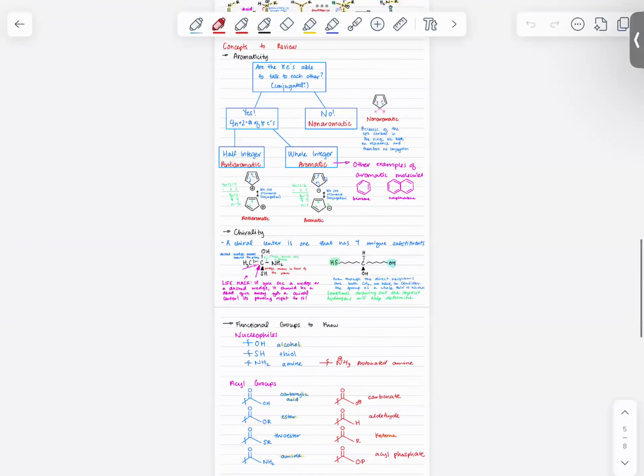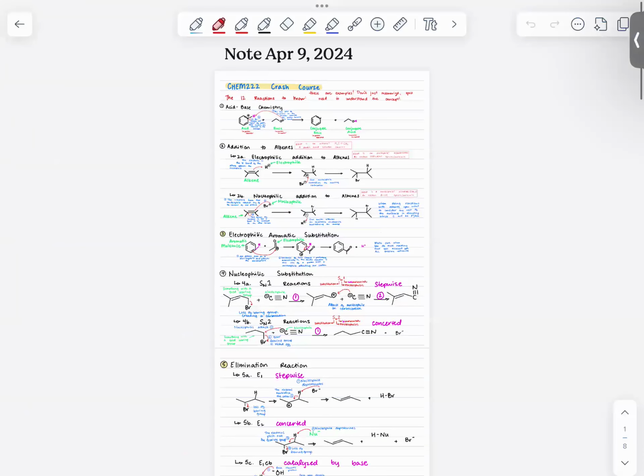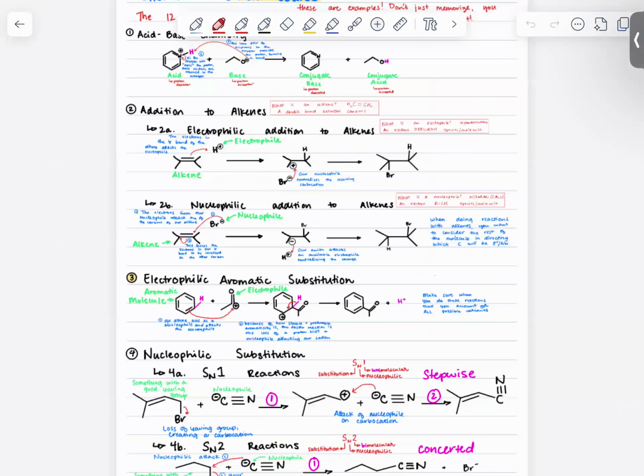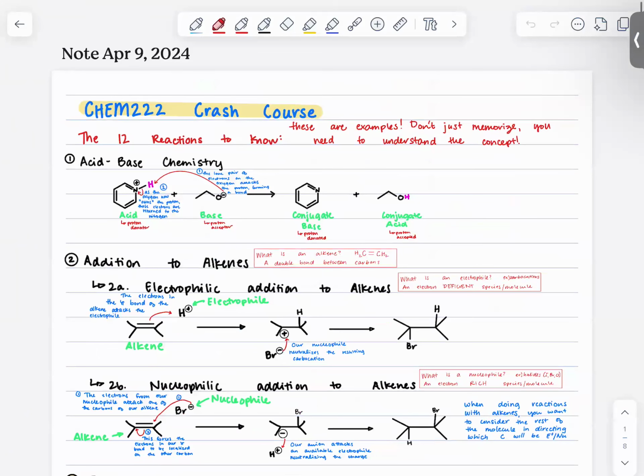I have this document that I have not yet uploaded for your year yet because it can be scary to look at. I usually upload this between your last exam and the final. But this is like, if you didn't show up for class all semester and wanted to make a 45 on the final to pass the class, you would use this.